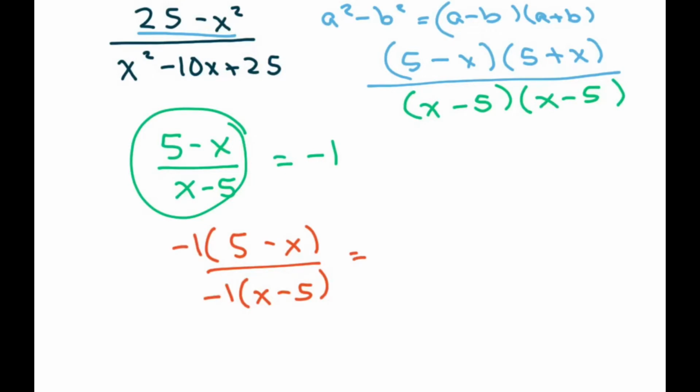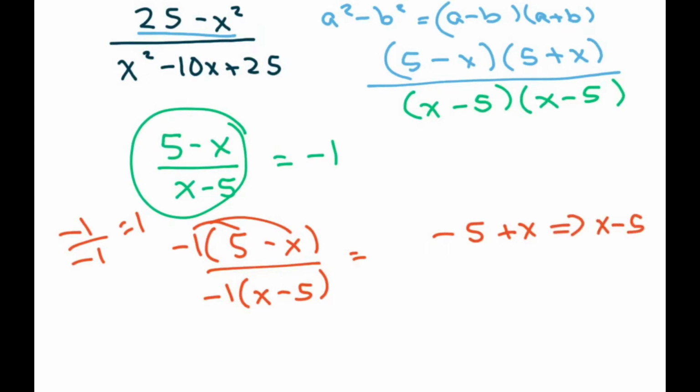So take the numerator and multiply, because negative 1 over negative 1 equals 1. So if you distribute this negative here, you get negative 5 plus x. And if I rewrite that, that would be x minus 5. So basically, this part equals x minus 5.